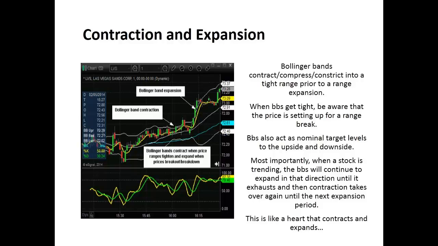Now take a look at the stochastics here. Look at that. Just a big jumbled mess. When you have contracting Bollinger Bands and your moving averages are basically in a tight range and your stochastics are chopping like this, this is when stochastics are not very useful. Why? Because there's no trend.